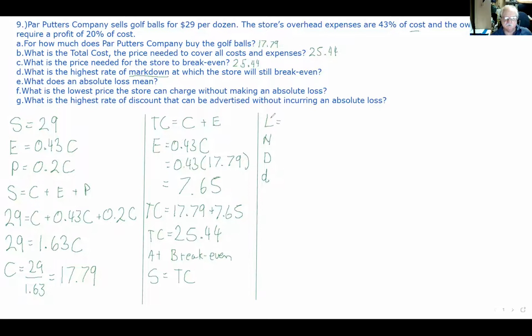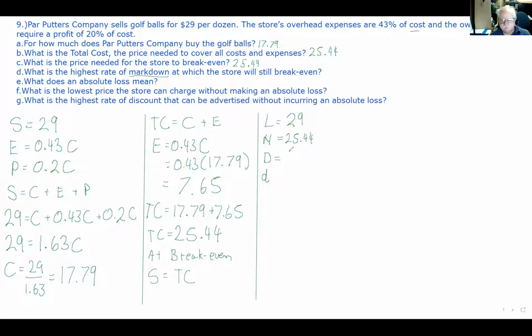The list price is always the highest price. In this case, it's 29. The net price is the lower of the two prices. We decided it was 25.44. We'll need to calculate the dollar value of the discount.